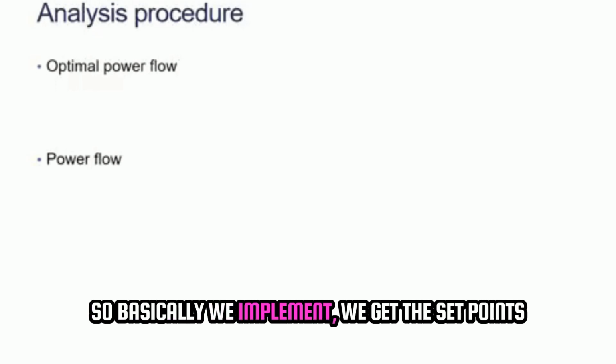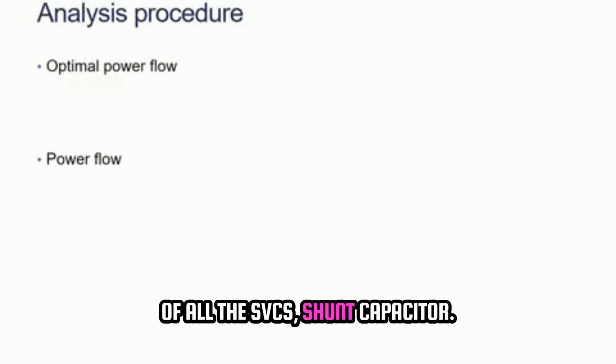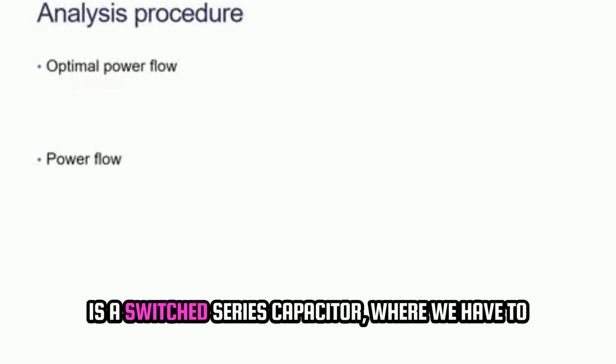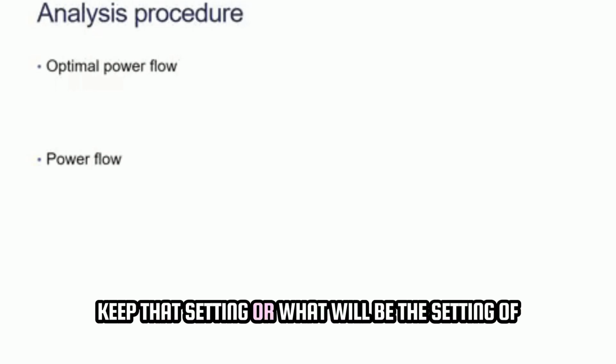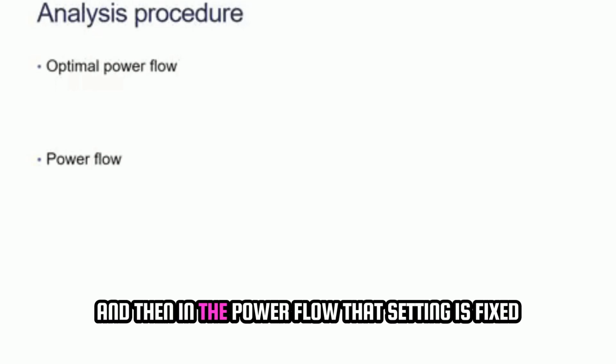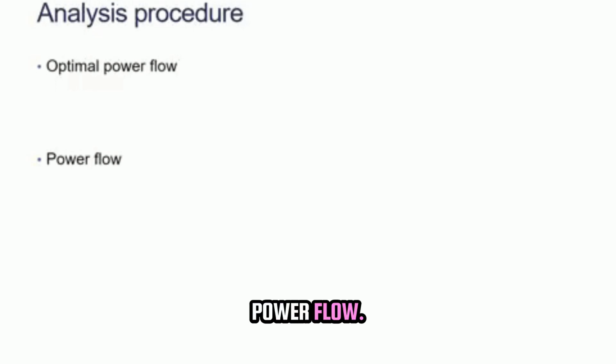We get the initial set points of all the SVCs and shunt capacitors. If it is a switched shunt capacitor or a switched series capacitor, the setting of that capacitor will be decided by the OPF. Then in the power flow, that setting is fixed, and we can fine tune those settings by using power flow.